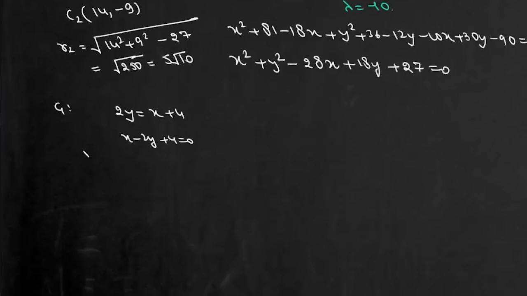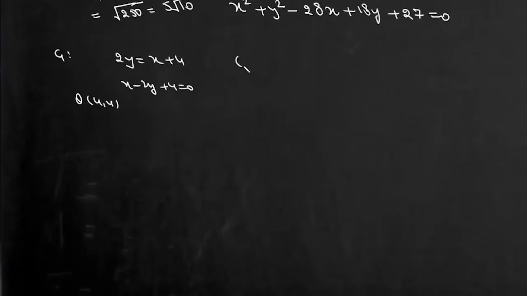And this point of contact is 4, 4. We can write this equation as (x minus 4) square plus (y minus 4) square plus lambda (x minus 2y plus 4) equals 0.